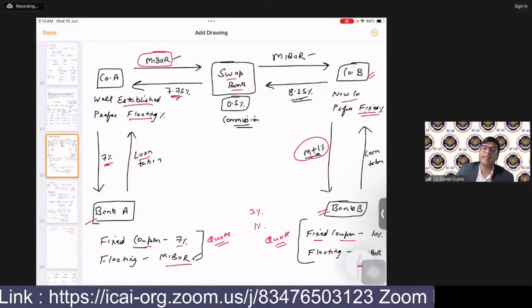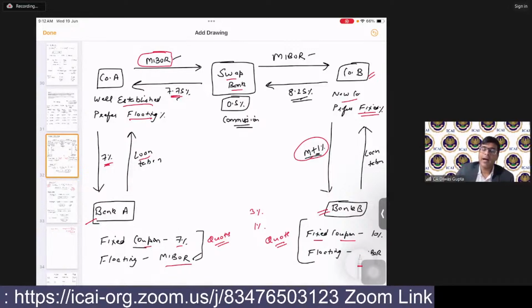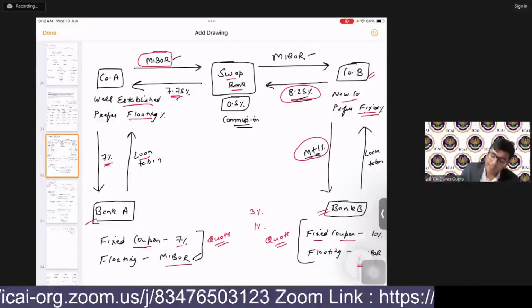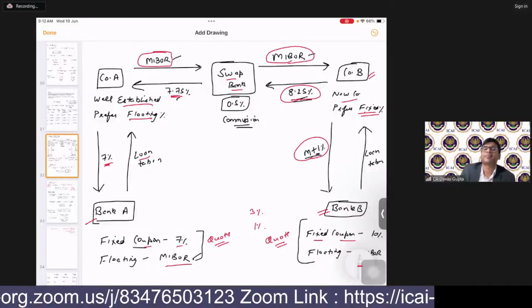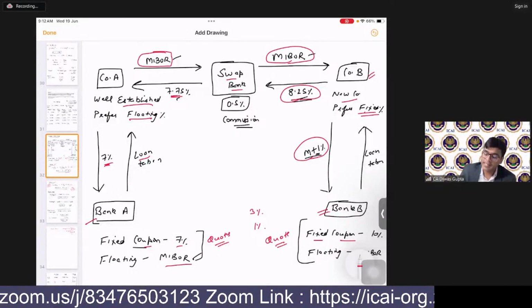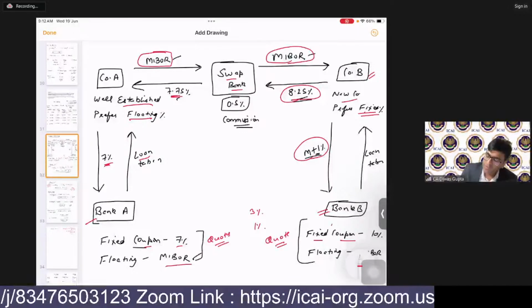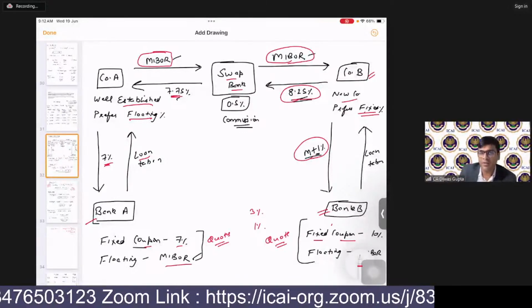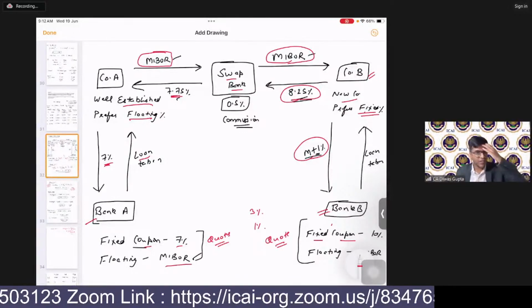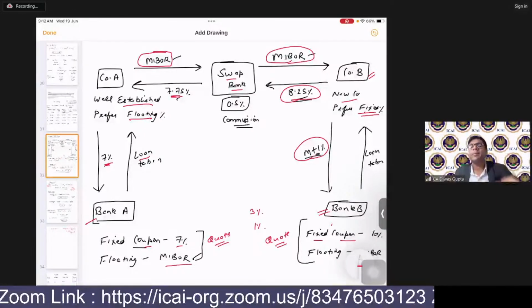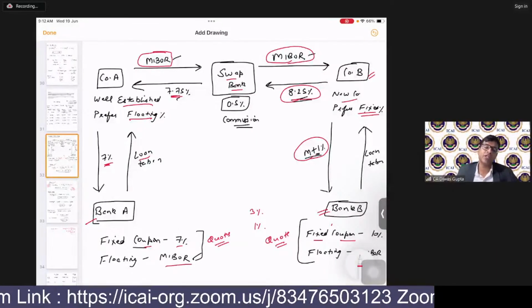So you do one thing, you pay me 8.25 as fixed, and I will pay you MIBOR. Reason being, I will pay you MIBOR, and the same MIBOR you will pay to the bank, plus 1% definitely, but that 1% is fixed, right? So I am swapping your floating obligations to the fixed obligations.